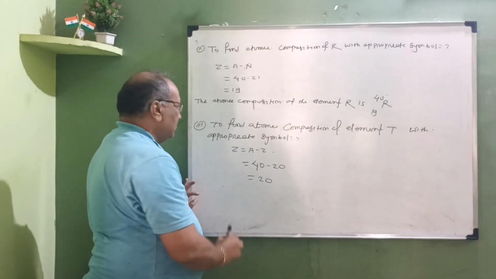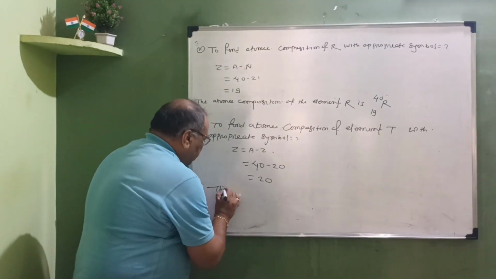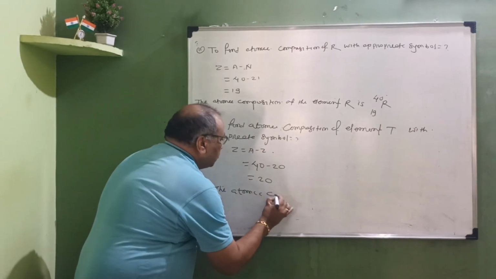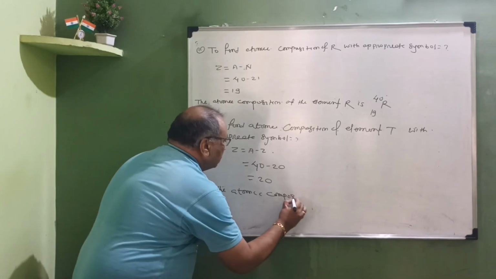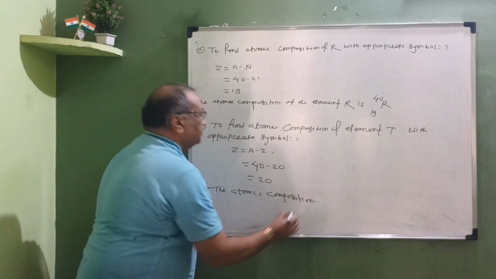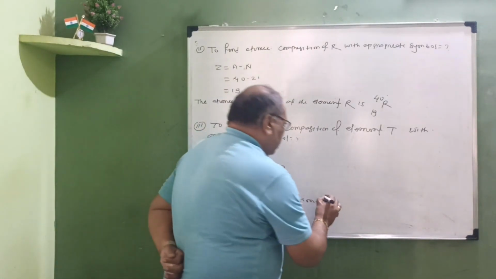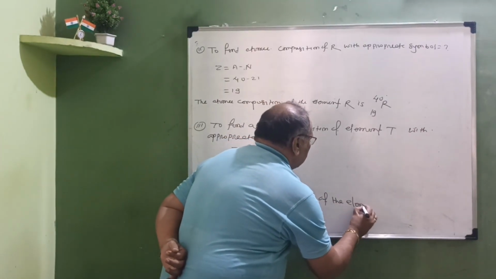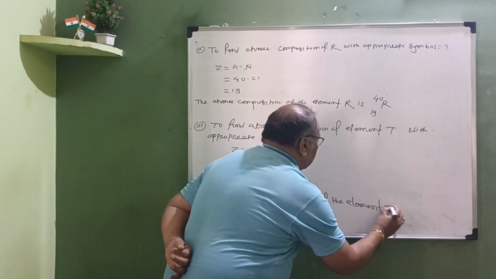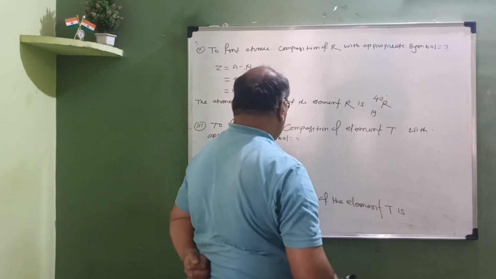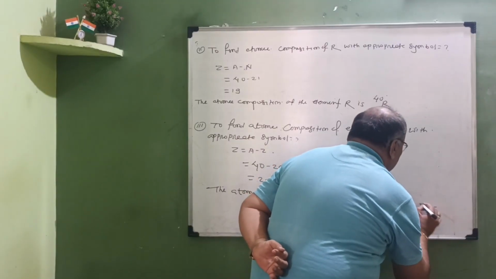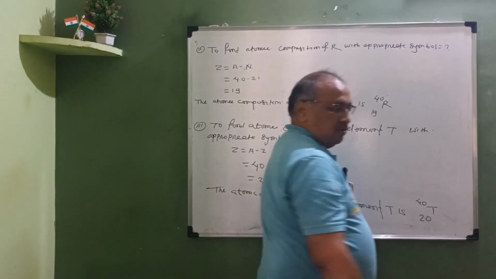That is the atomic composition of the element T is 20T40.